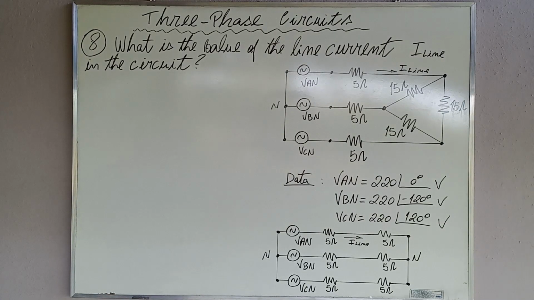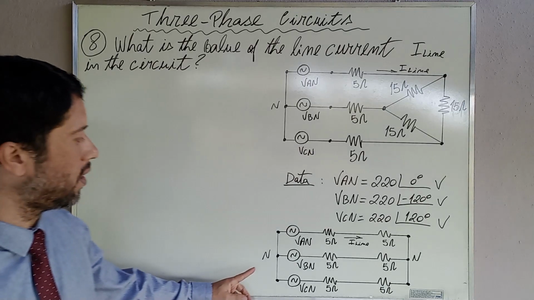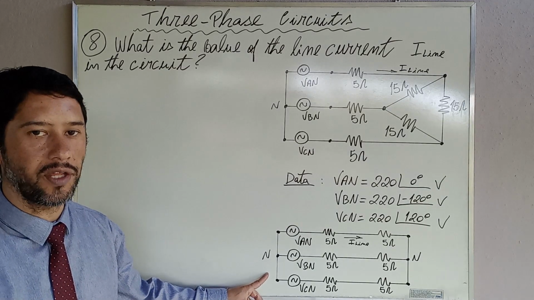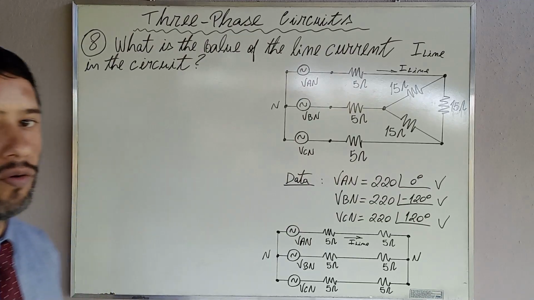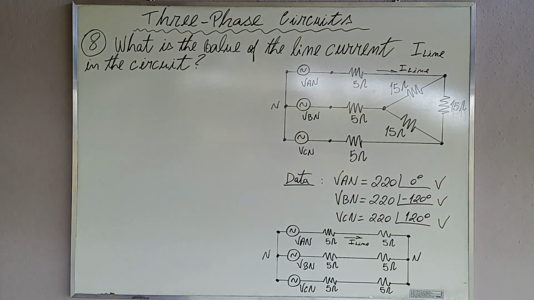One of the possible ways of solving this problem is to convert the delta connected load into a Y connected load. And I drew here on the board for you the converted circuit.